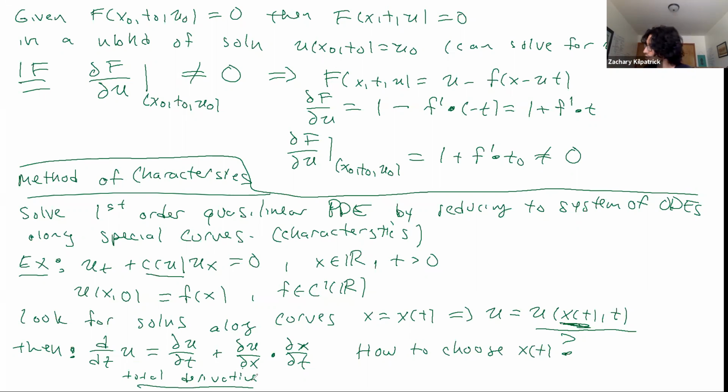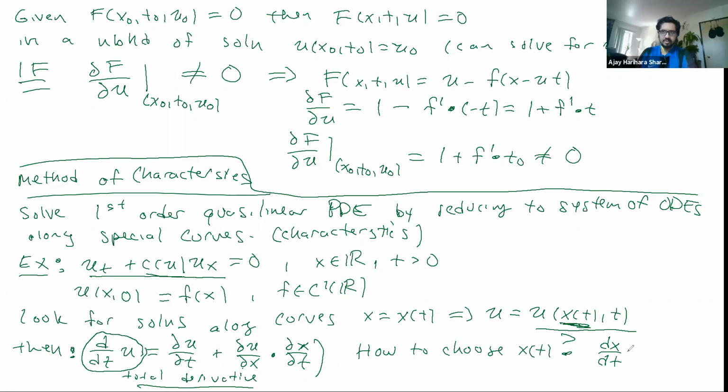We would like to choose dx/dt, okay? So that this total derivative, okay, maybe looks like the left-hand side of this equation, okay? So that I know that as long as I'm looking along characteristics, okay, I can reduce my equation to just the total derivative of u is equal to 0.